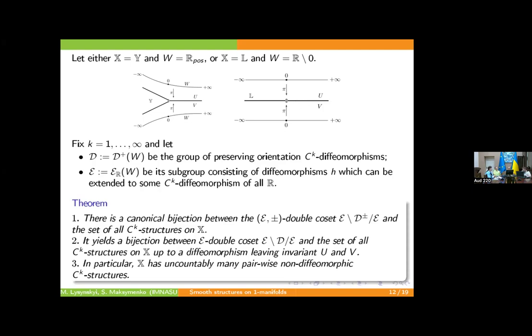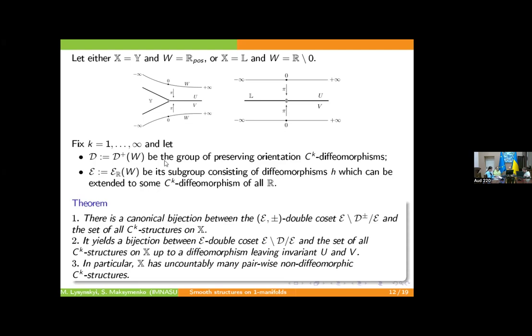And this is the essential point. It does not extend to a diffeomorphism of all reals. Another example: take the function x squared defined on positive numbers. It is a diffeomorphism of positive numbers, but it does not extend to a diffeomorphism of the whole real line, because its derivative at 0 should be 0 by continuity.